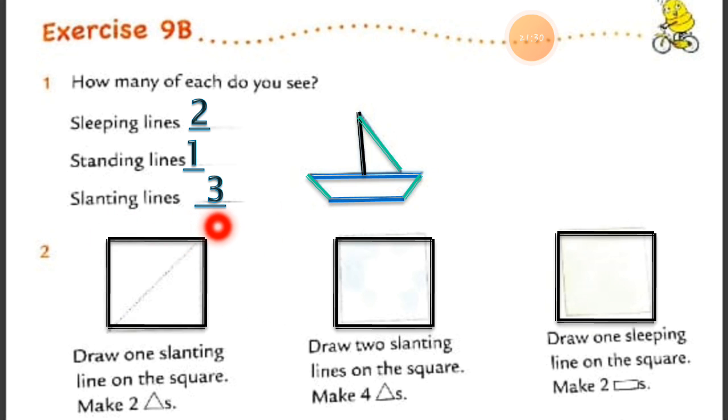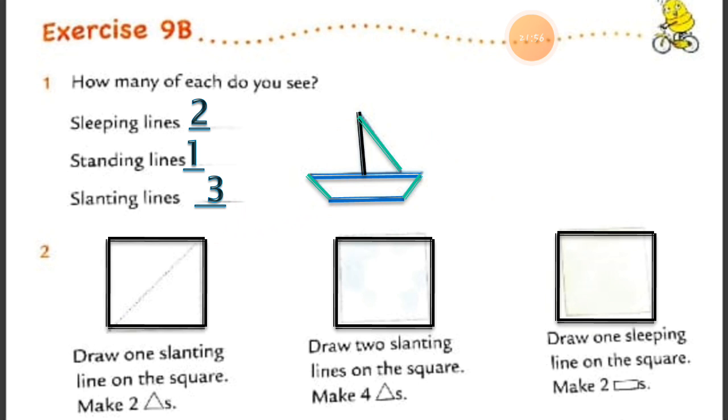You have to draw this boat shape in your rough book. If you are writing, you have to write down in the fair book also if you have not yet written, and just try to draw this boat shape. It will be very helpful to find out how many lines are in the given shapes.